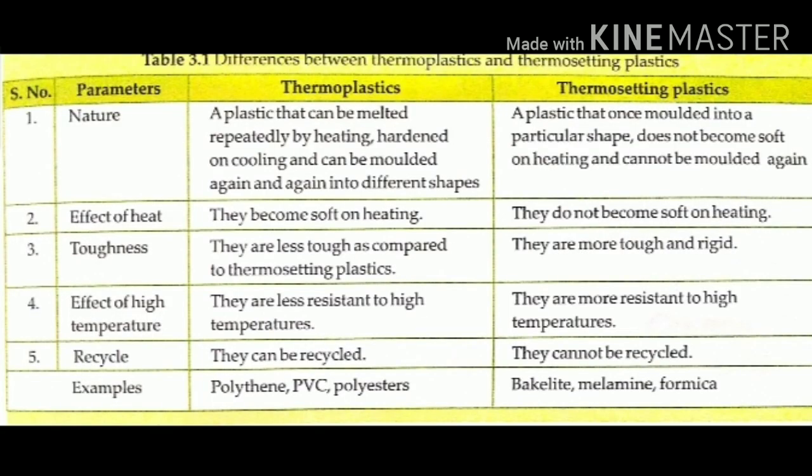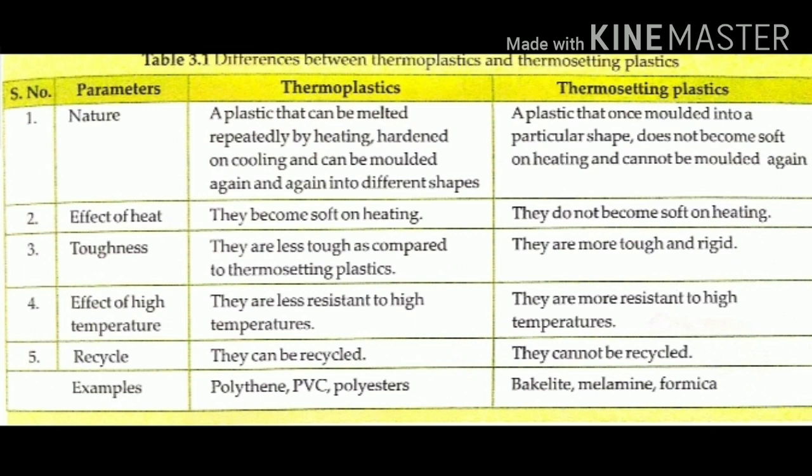Now let's see some differences between thermoplastics and thermosetting plastics. If we talk about their nature, then thermoplastics can easily be melted on heating and then molded into any shape, while thermosetting plastics, once molded into any shape, do not become soft on heating and cannot be molded again and again.